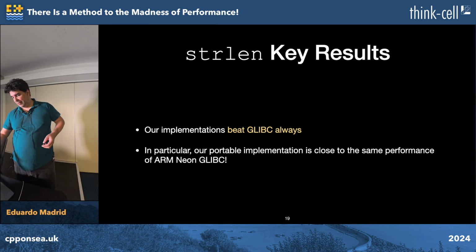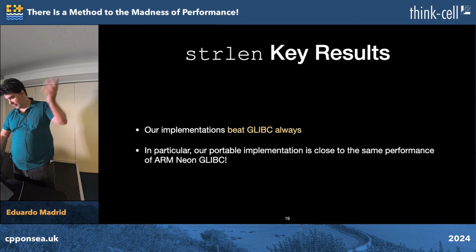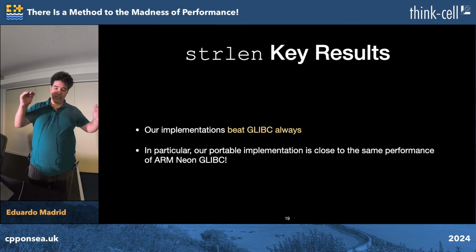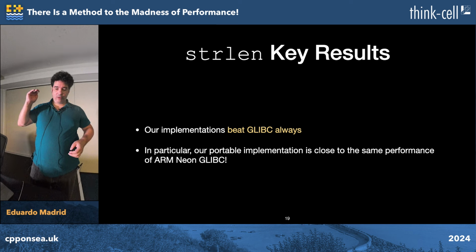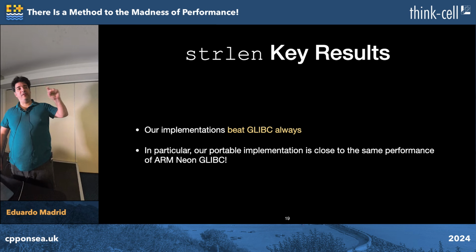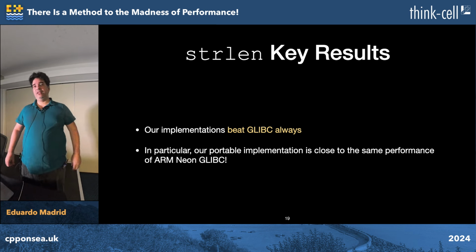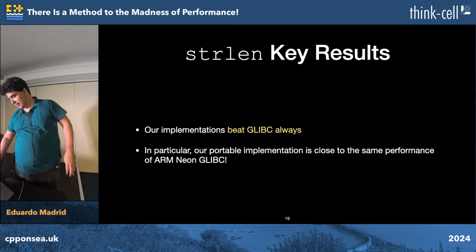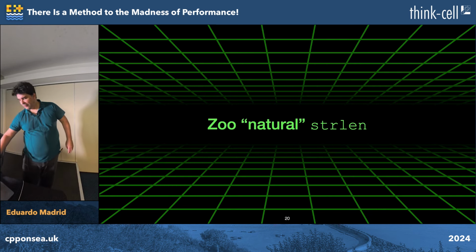Our implementation for string length always beat glibc, and the performance of our portable implementation on ARM is very close to the performance of the platform-specific ARM Neon implementation on the M1 platform. So let's see what this natural implementation of string length is.